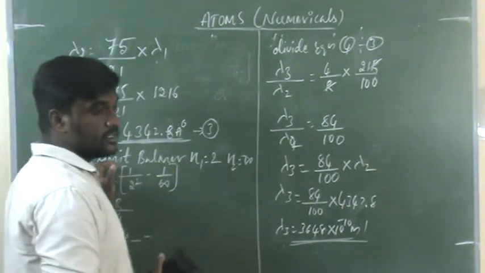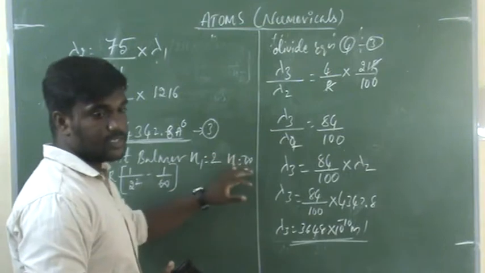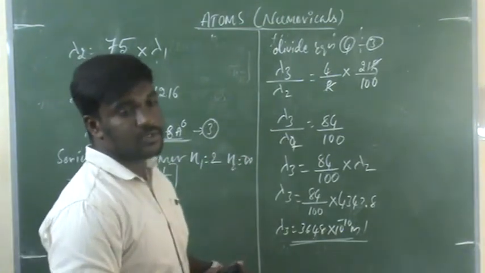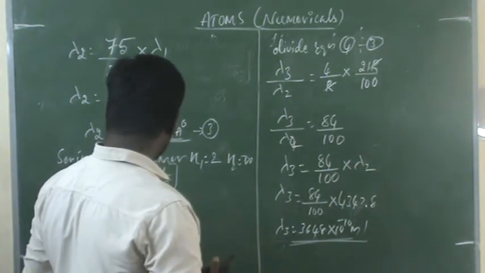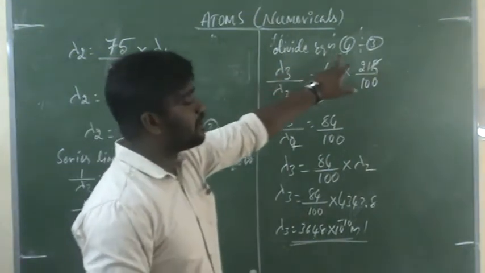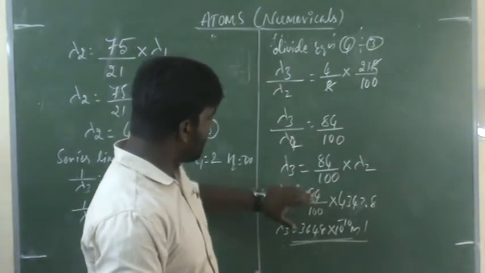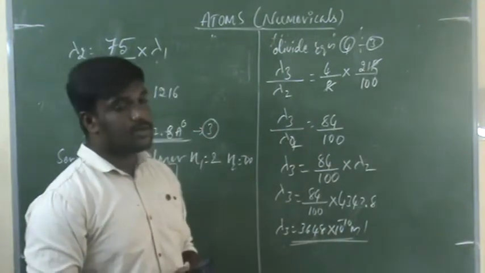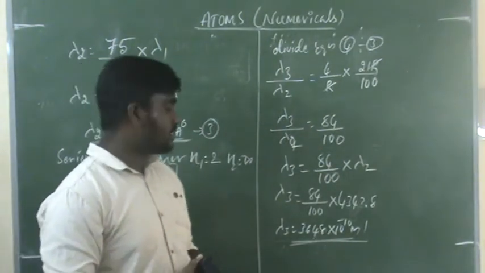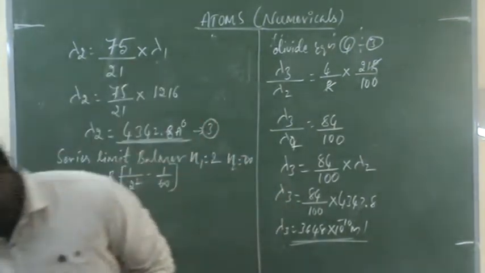Next, the series limit of Balmer series, n1 is equals to 2, n2 is equals to infinity. Substituting these values, divide equation 3 by 4, we need the lambda 3 value. Substituting, lambda 3 value is 3648 into 10 to the power of minus 10 meters. Clear? Okay.